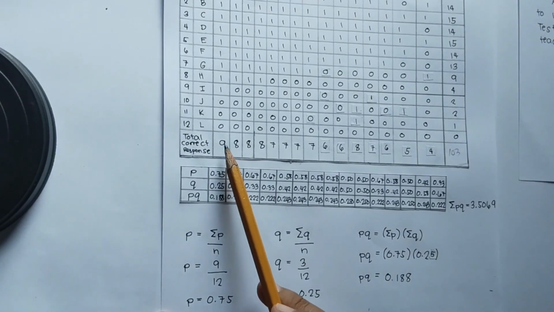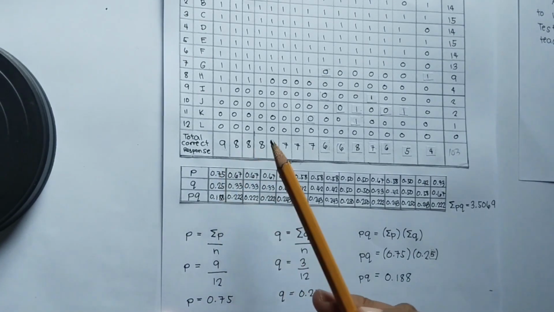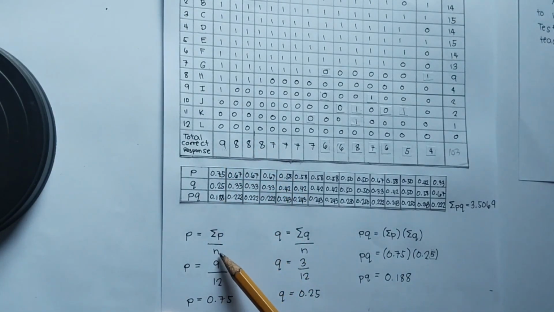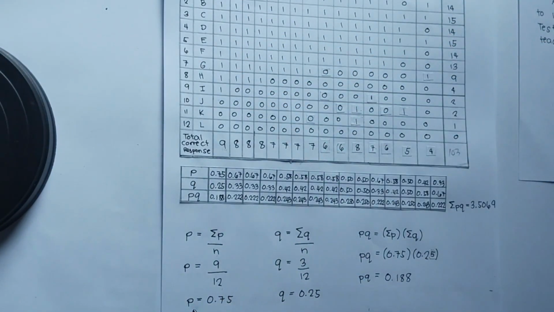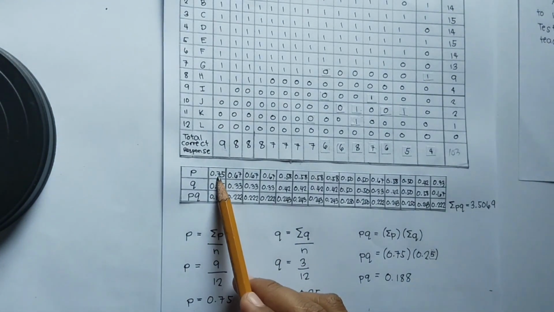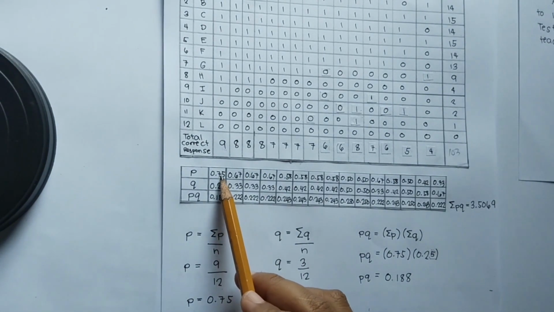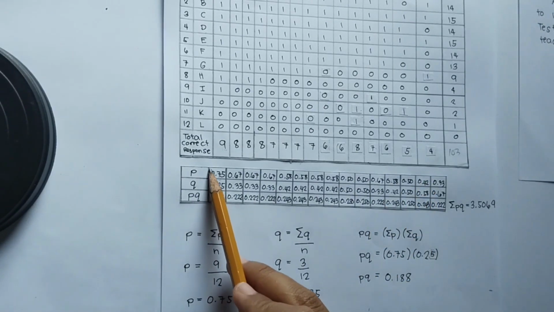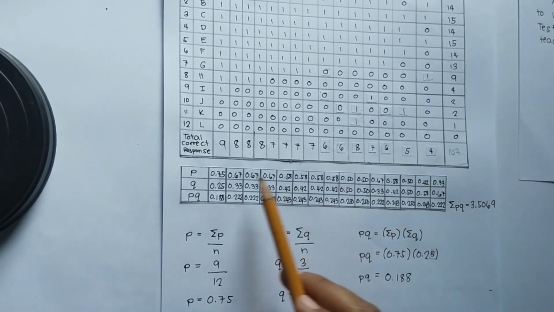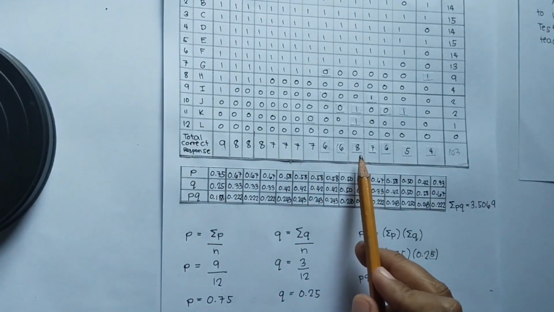Ibig sabihin kasi ito yung nakakorek sa item na ito. Summation of P over N, which is yung 12. Kasi nga, the total number of students natin is 12. So, ang score na makukuha natin dyan is 0.75. Kaya 0.75 yung nilagay natin dito. And so on. Pareho lang yung same process kung paano natin kukunin yung value ni P sa each items.